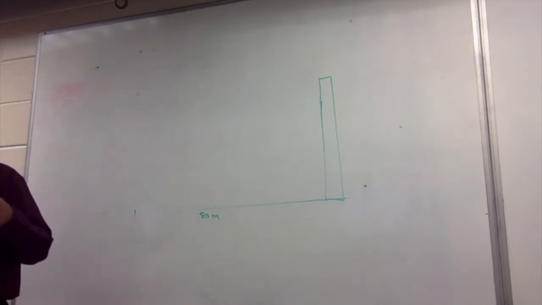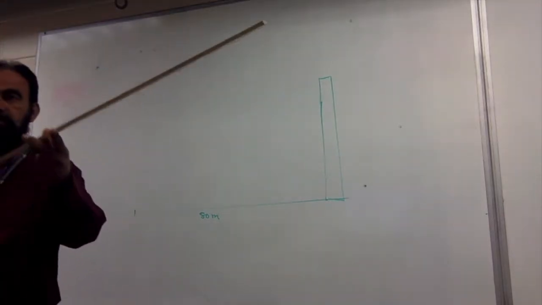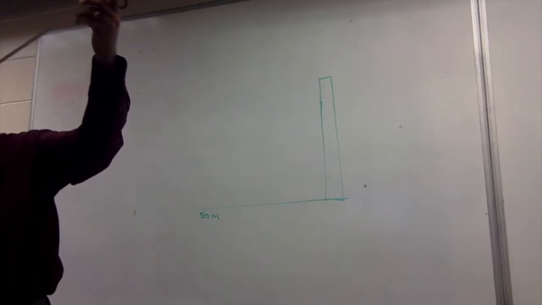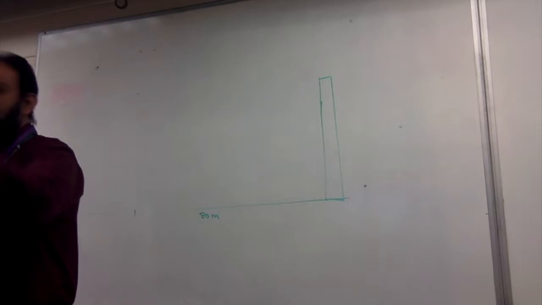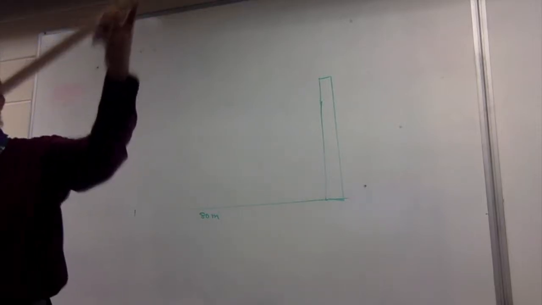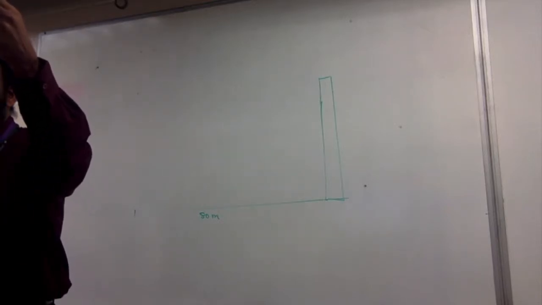And then once you came far away, what you do is you take something like a stick and aim it to the top of the building. You know how to aim, right? If I have to aim at your eyes, I can aim like that. So aim at the top of the building. Once you aim at the top of the building, hold it still. In the sense, fix it here and fix it here.